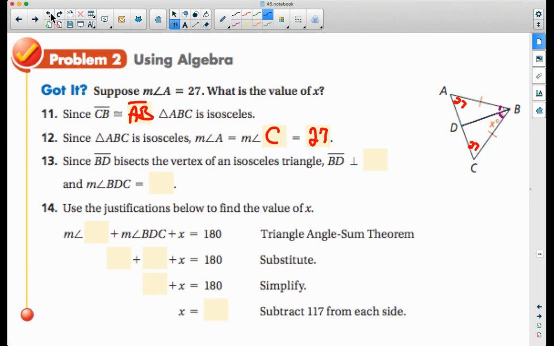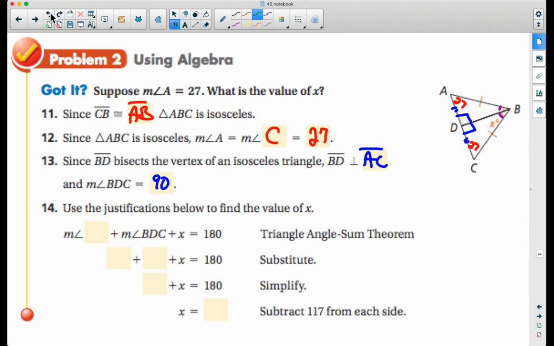So that means I have a perpendicular right there, a right angle, and it also bisects the base as well. So segment AD is congruent to segment CD. We know that segment BD is perpendicular to segment AC, and the measure of angle BDC is equal to 90.